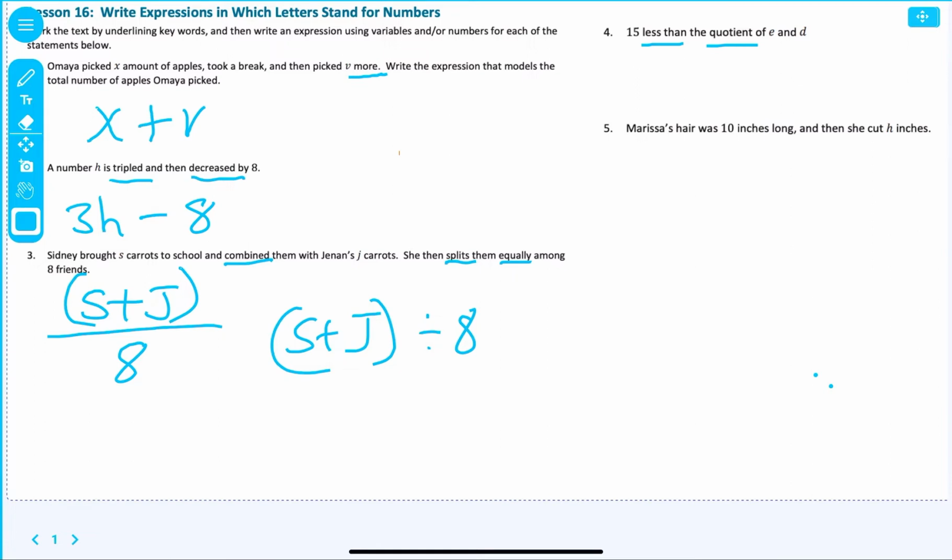Hannah, how are we going to write that? E what? Divided by D? Good. Perfect. E divided by D minus 15.